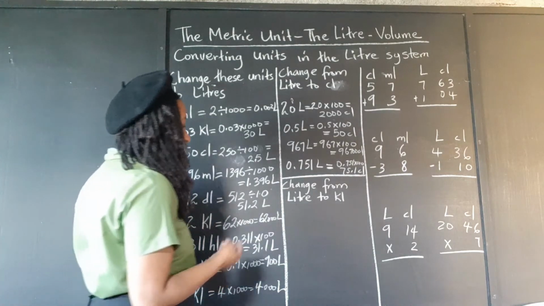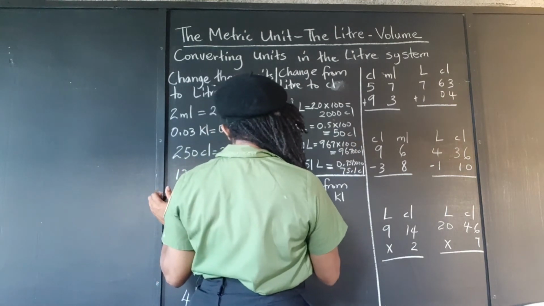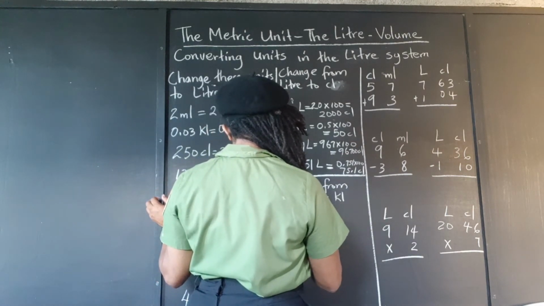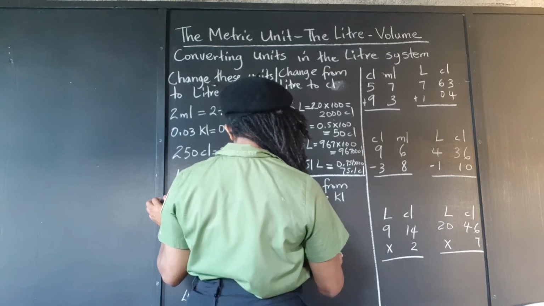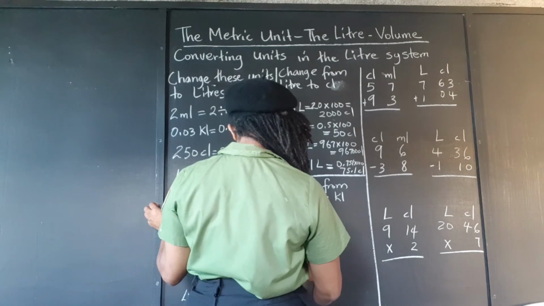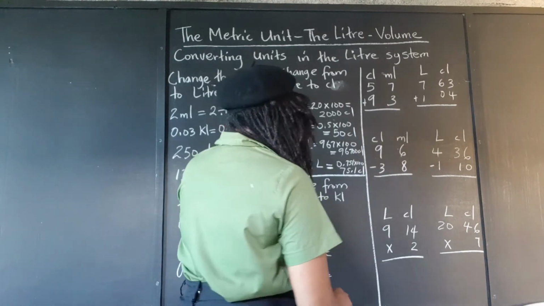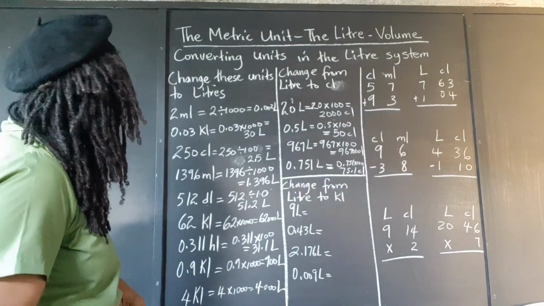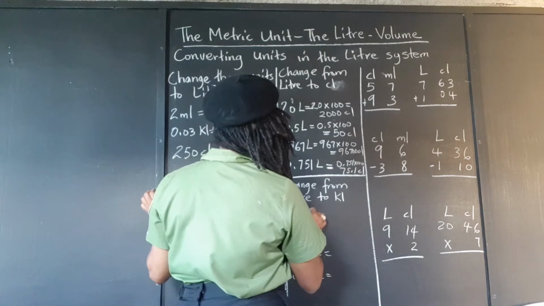Changing from liters to kiloliters, liters to kiloliters, so we will be dividing by 1,000.